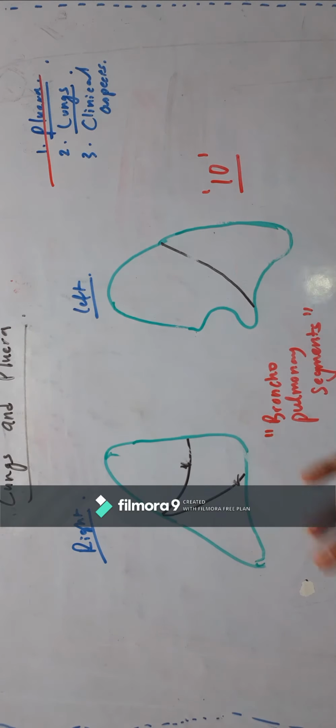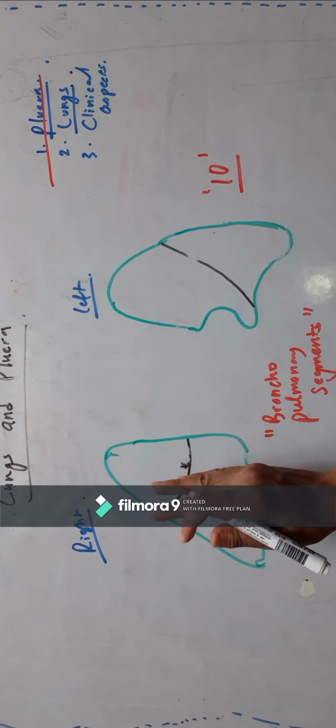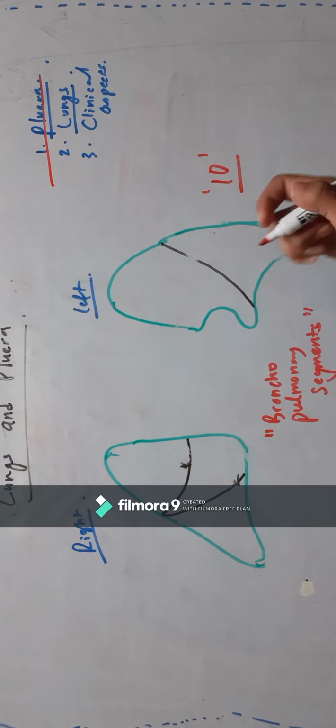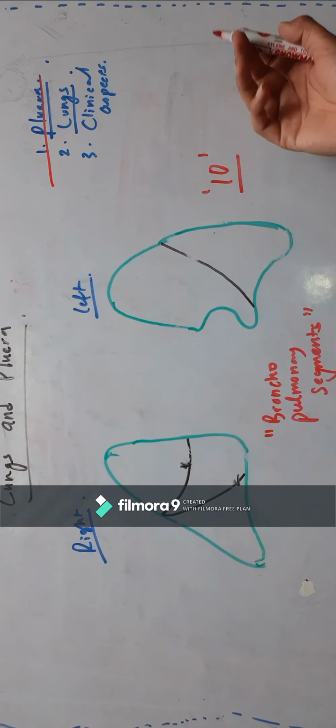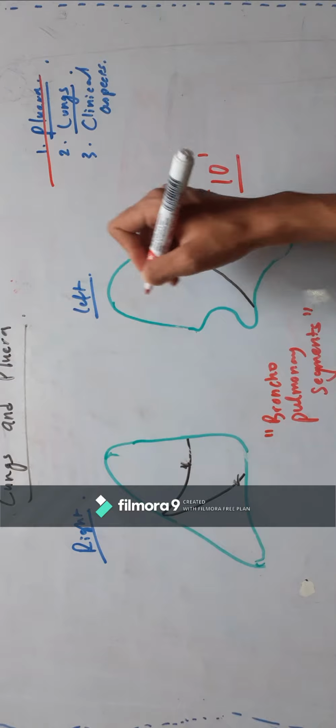In exams it is really important that you know how to draw the segments of the left and right lung. This is the lateral view of both lungs, so I'll basically draw the segments of the left lung.